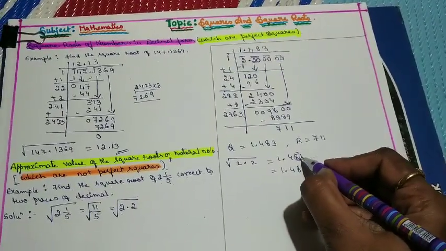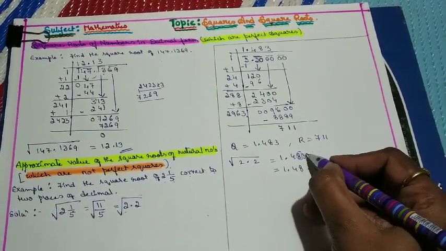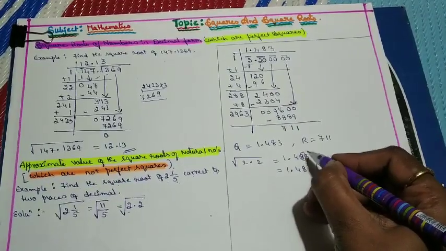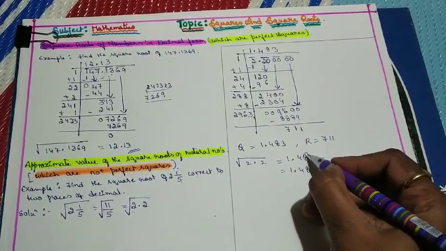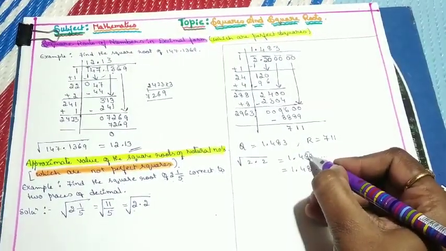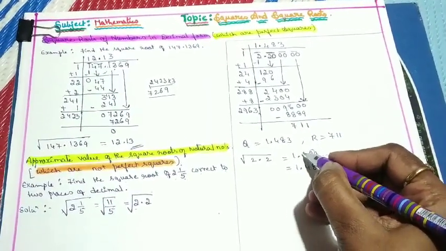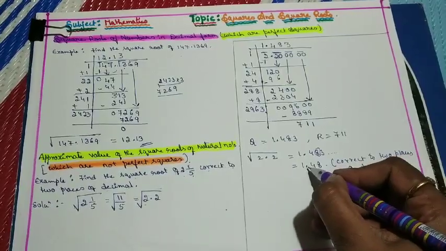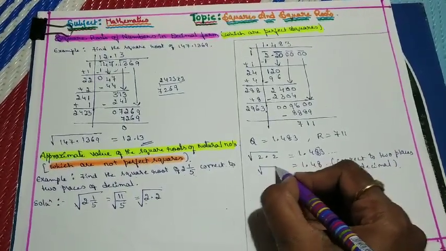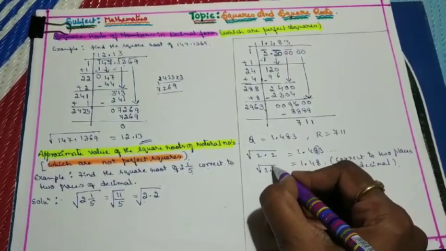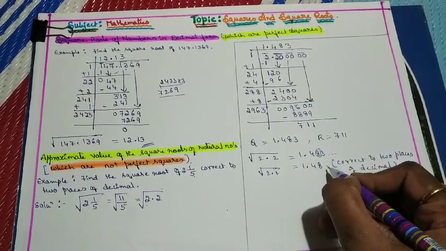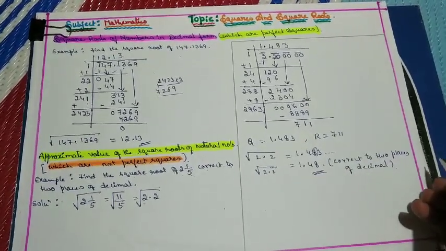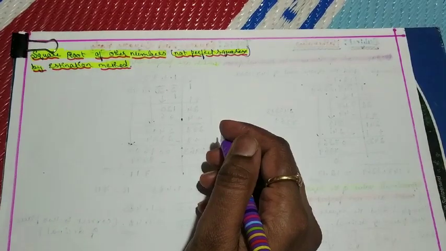In case if I have 5, 6, 7, 8 and 9 in the third decimal place, then we are going to add plus 1 to the second decimal place. Okay, after adding whatever we get, we are going to write the same here. Clear? So the final answer is square root of 2.2 to the 2 decimal places 1.48. Hope this is clear, children, to you.